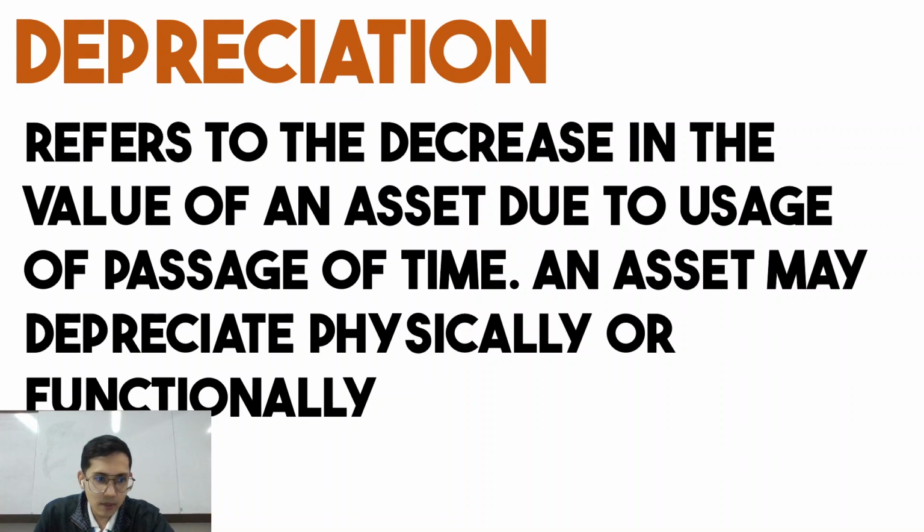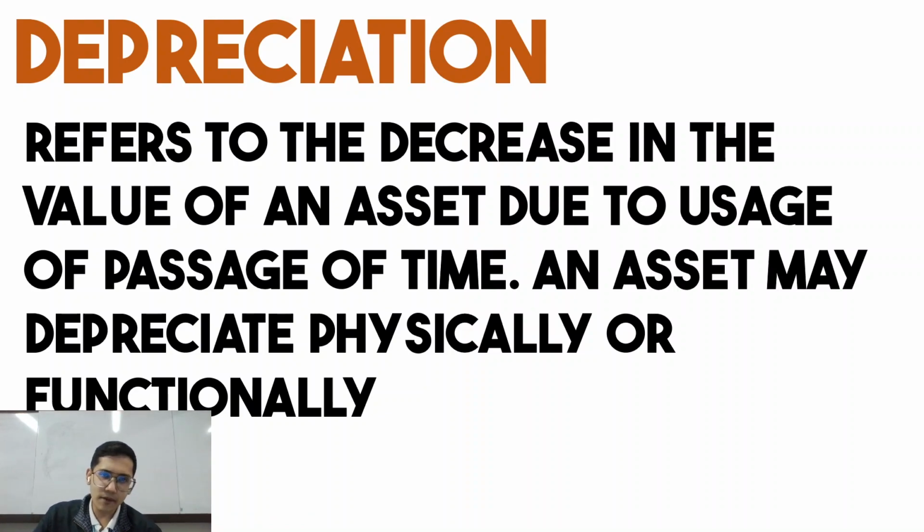An asset may depreciate physically or functionally. Example nito, pag bumili tayo ng cellphone. Kunyari bumili ka ng iPhone 15 Pro Max, fully paid, 256 or 512 gig, sabihin natin, 90,000.